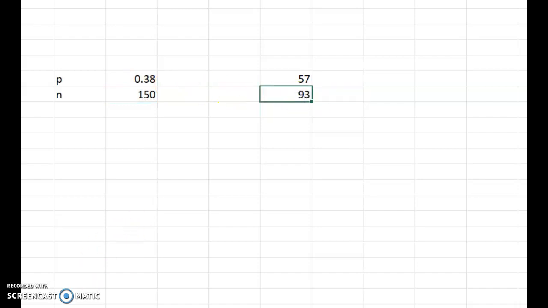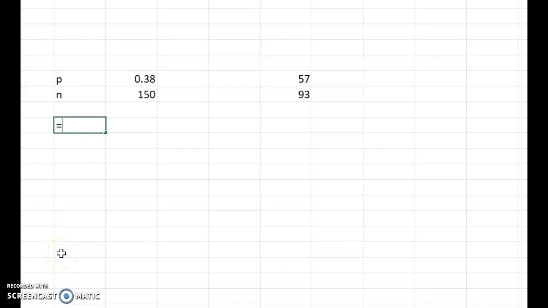So it is. Because these are greater than or equal to 5, we can use the normal distribution to approximate the binomial distribution.